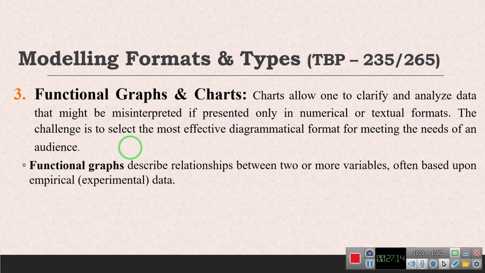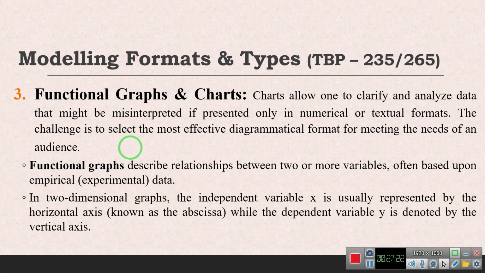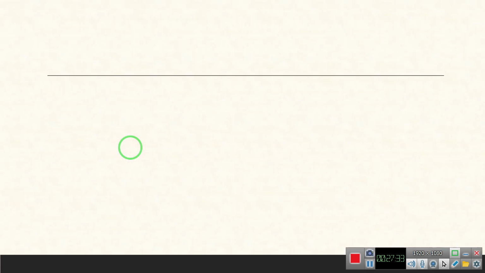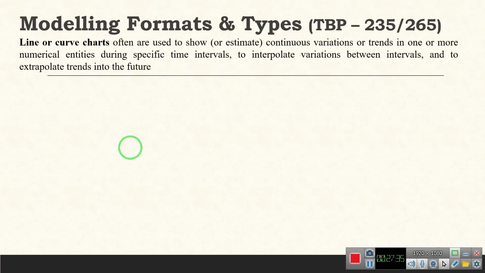Functional graphs describe relationships between two or more variables, often based upon empirical or experimental data. In two-dimensional graphs, the independent variable x is usually represented by the horizontal axis, also known as the abscissa, while the dependent variable y is denoted by the vertical axis. How it looks, you can check.